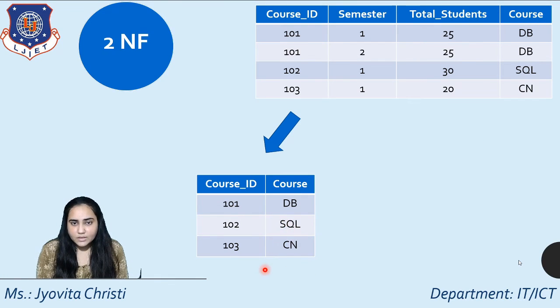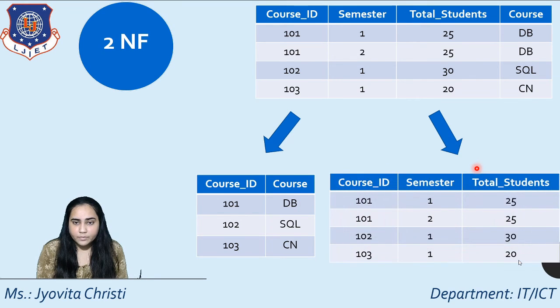So in this case, because course ID determines course was the dependency that was causing the problem, I'm going to put course ID and course on one side. So it is one fragment of the table, and the second fragment of the table would contain course ID, semester, and total number of students.